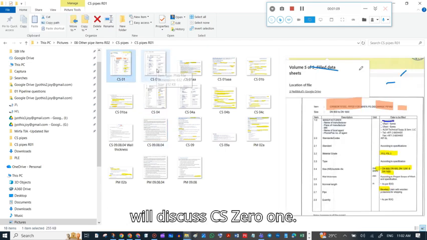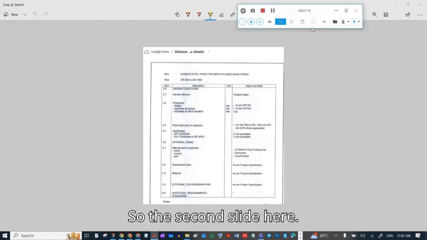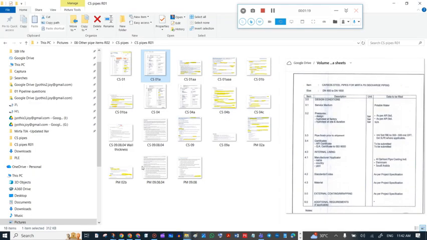Now we will discuss CS01A. So the second slide here, CS1A.